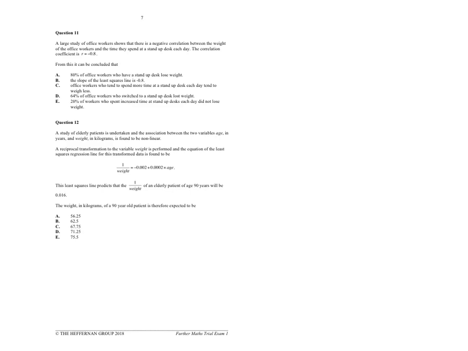Okay, with this question 11, what they're looking at is the response of someone's weight with the amount of stand-up time at their desk. And they found that it was a negative. So we can see if we spend more time standing up, we weigh less, which is probably because they burn more energy. So when you look at the next statements, you can't have anything like 80% who stand up.